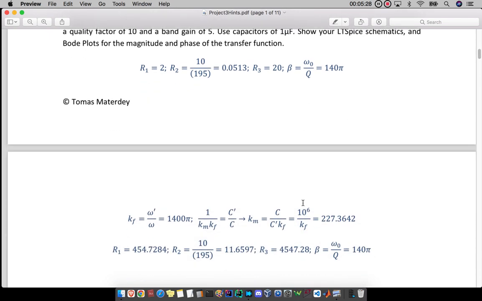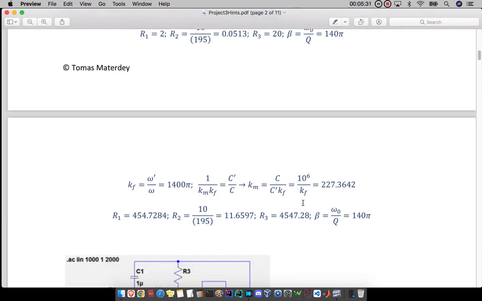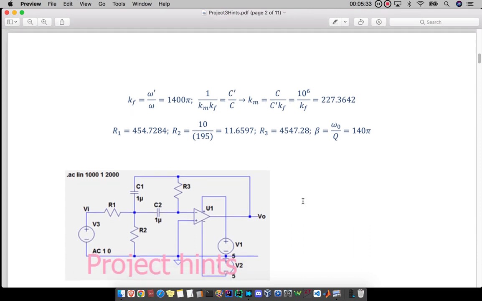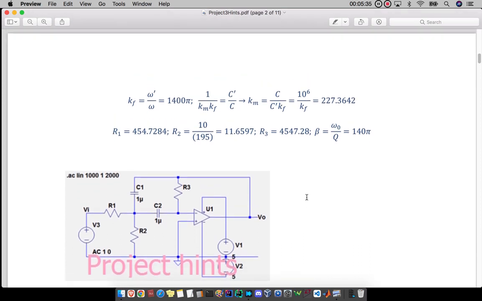Okay, continuing with task 2. Now, in this case, you can see what happens with R1 and R2 and R3. That's because the original R1 and R2 and R3 are multiplied by the scalar factors. So I'll go through this very slowly. K sub m is our scalar factor.